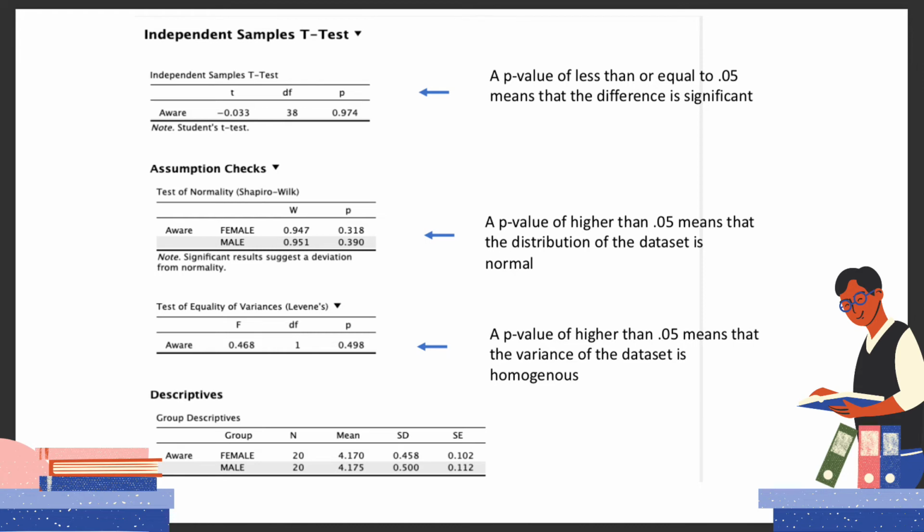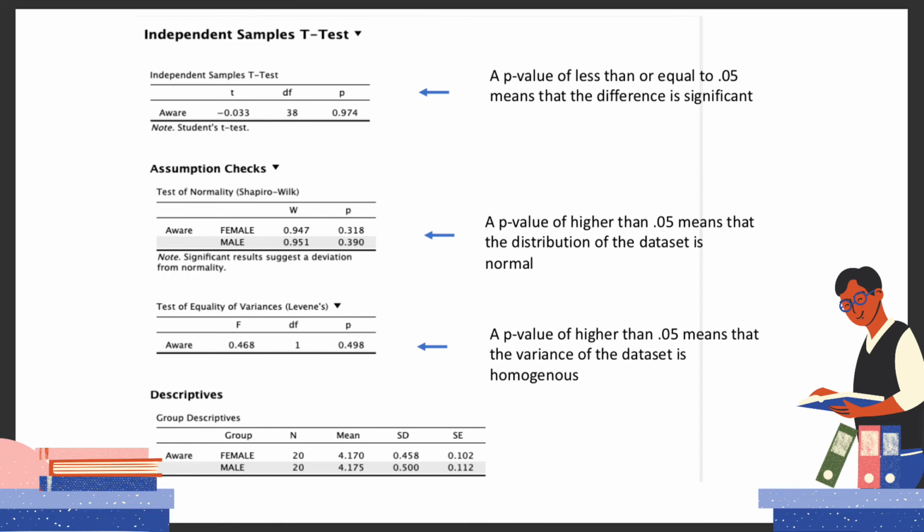So here in this slide, this shows us the result that can be generated from our statistical software such as SPSS and JASP. So for independent sample t-test, you will be given a table that looks like this. For independent sample t-test awareness, the p-value here should be less than or equal to 0.05 to test for significant difference.